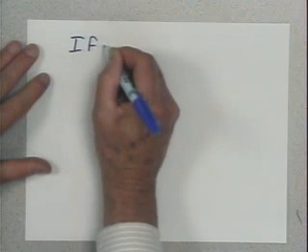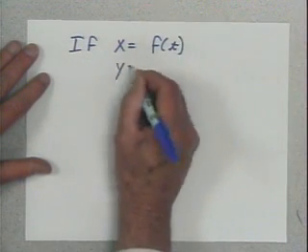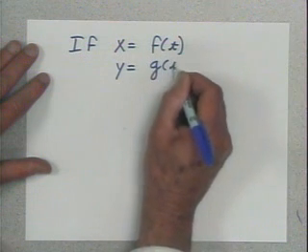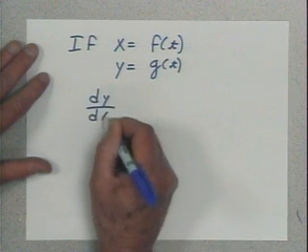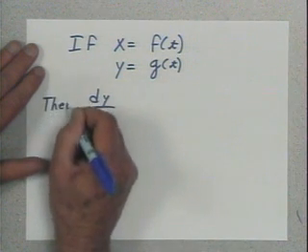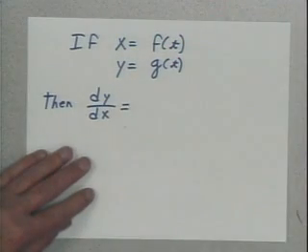So we'll refresh our memories on that part. If x is given as a function of t, and y is also given as a function of t, then if I want to find dy dx, how can I do it?